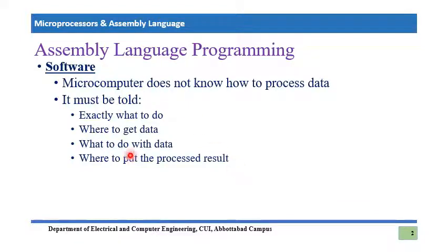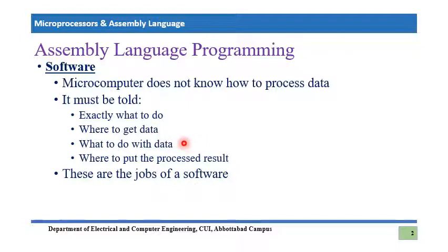So these are important jobs, and these are done by one thing which is called software. All of these things are basically software jobs, so we must know what software is. Software performs the following jobs. It tells the microprocessor what to do, where to get data, and what to do with the data.